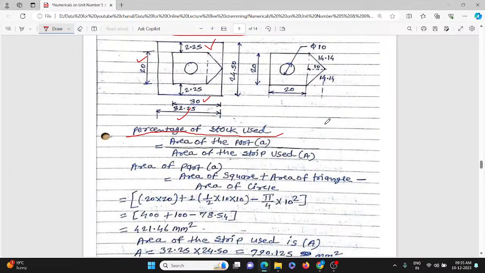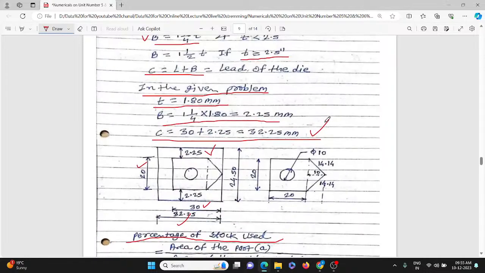Again the standard formula: percentage of stock is equal to the area of the part A divided by the area of the strip which is going to be used.